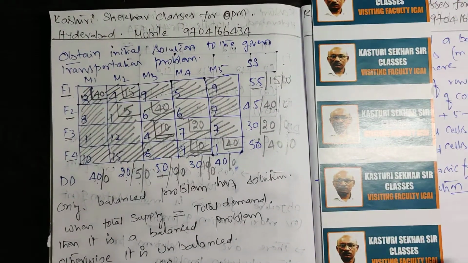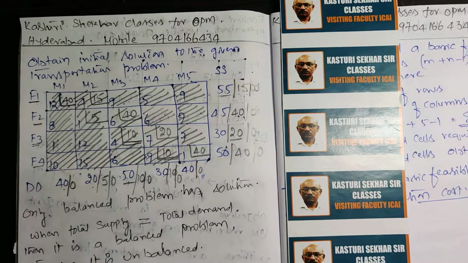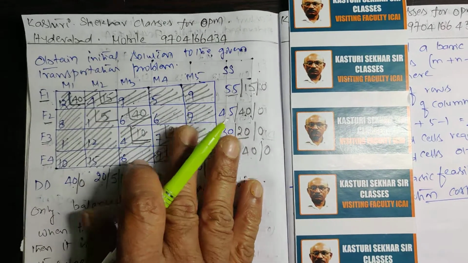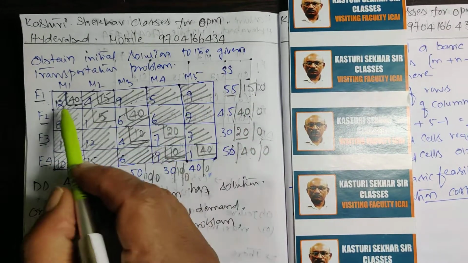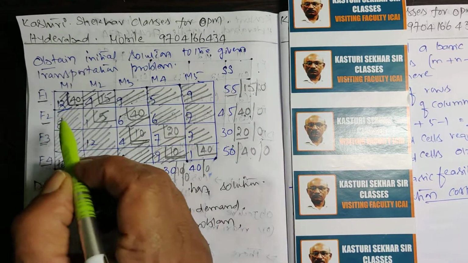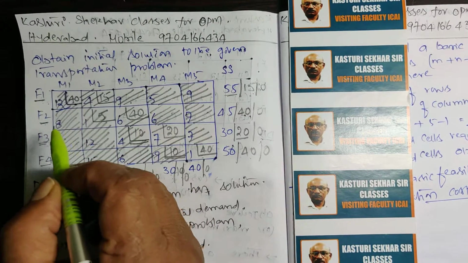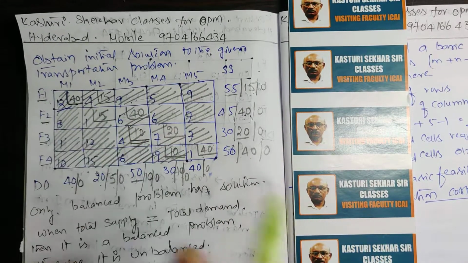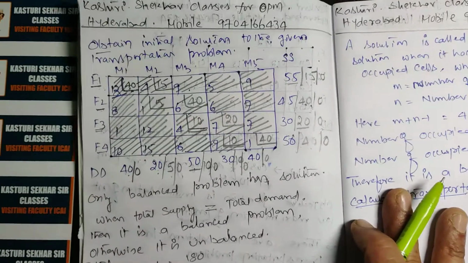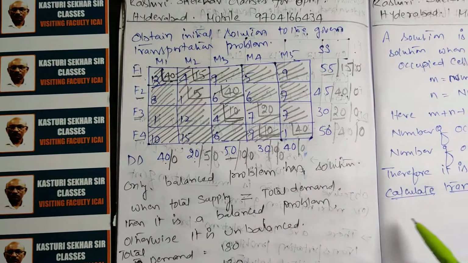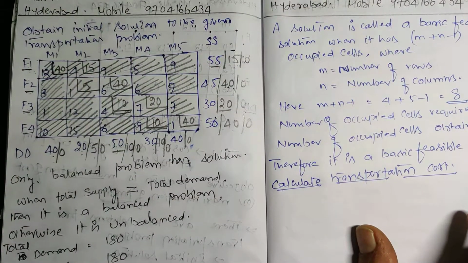Let us see. 40 units are supplied from F1 to M1 at 12 rupees per unit cost. Transportation cost is 12 rupees per unit. So these two values I'll multiply. So this is 12 into 40.